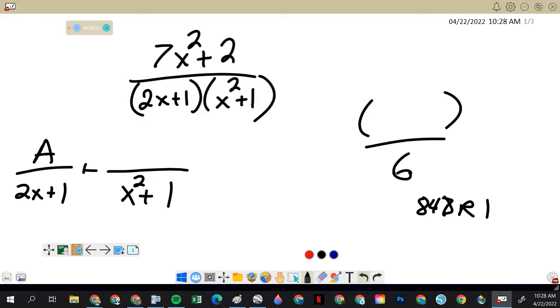Okay? Well, when you add rational expressions together, the bottom is a polynomial. The degree of the bottom will always outpace the degree of the numerator. So if your denominator is linear, then your numerator has to be constant. If your denominator is quadratic, then your numerator could be linear.